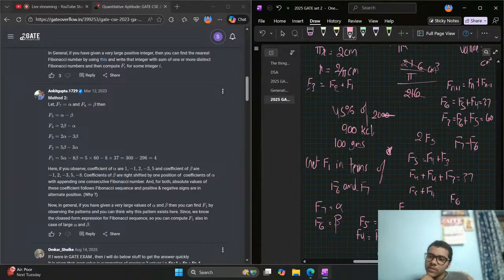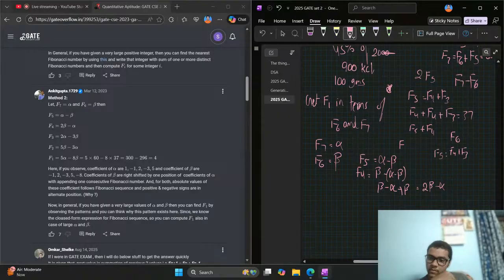And similarly, you can write this F5 as F4 plus F3. So in that way you can get F3 as F5 minus F4. So what is F3 now?